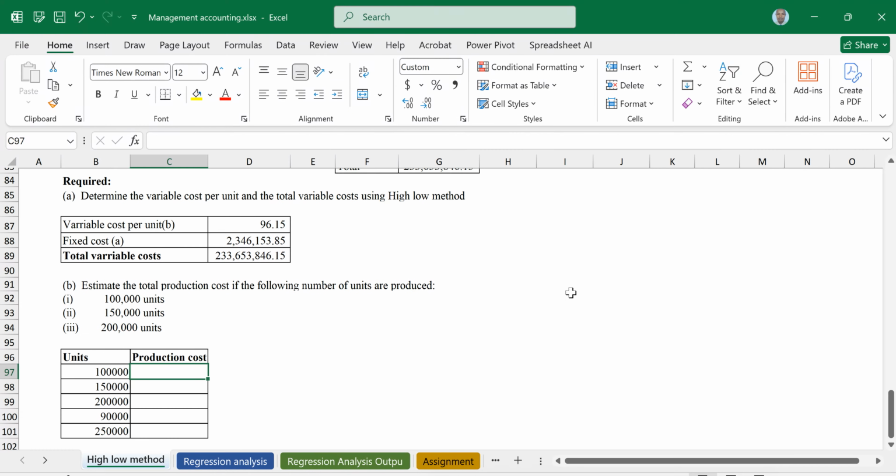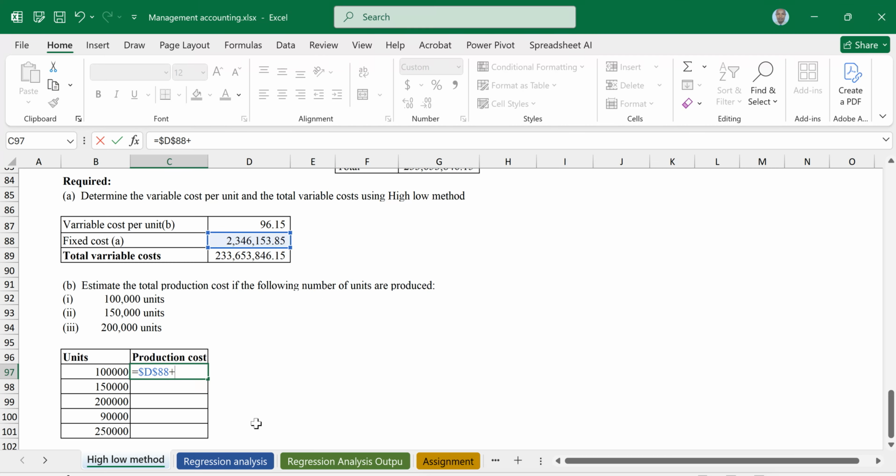Y is equal to A plus BX, so that will be equal sign. Y is the dependent. Now A is the 2,346,000. Lock that. Plus, so lock the A. Plus, then open bracket. BX, so B is the units, like 100,000.